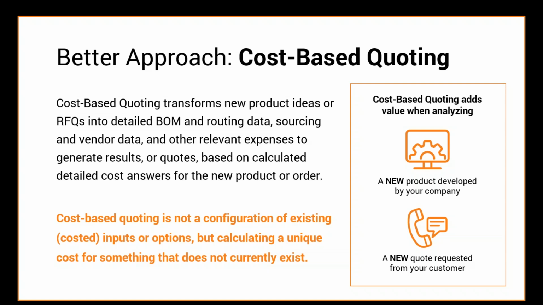We have to make decisions about buy versus make, and other expenses that we want to allocate: overhead, engineering, R&D, testing, etc. And then we calculate a very specific bottom-up product cost, apply revenue to calculate the margin, and then what we get is a very detailed cost-based quoting application.